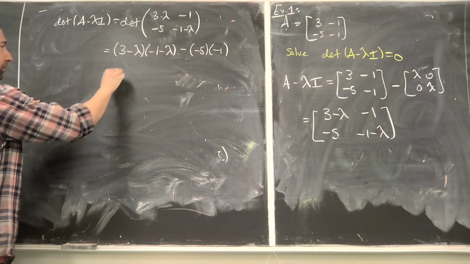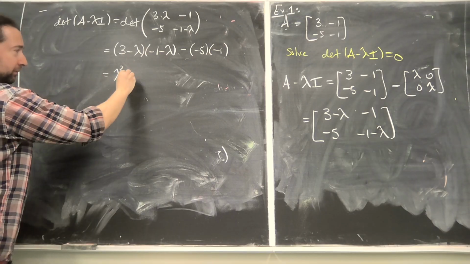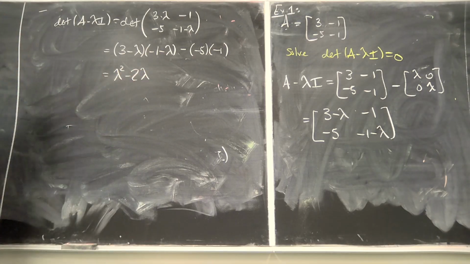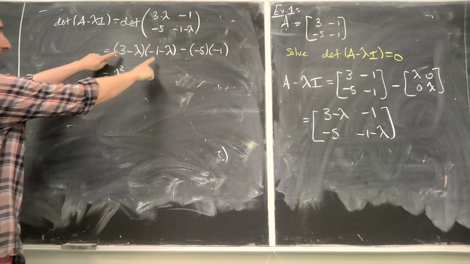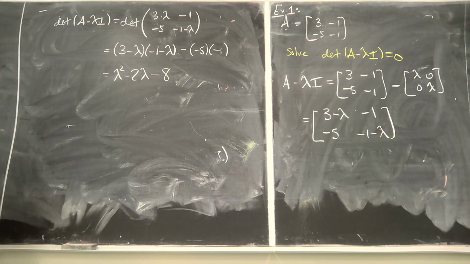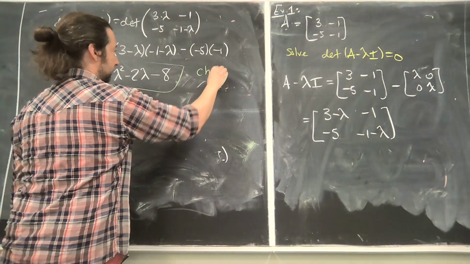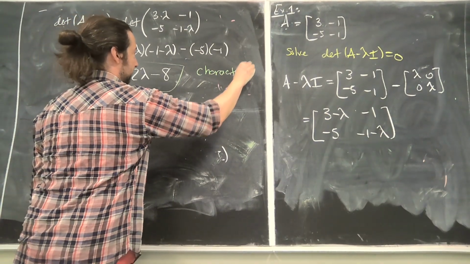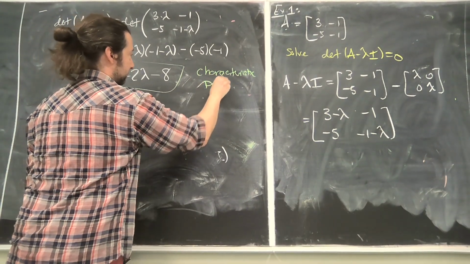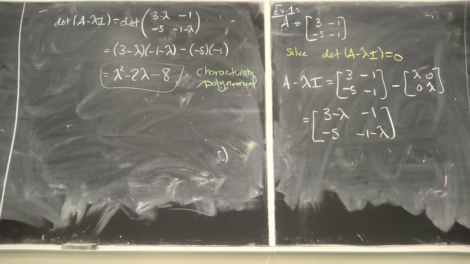You get a lambda squared, and then a lambda and a negative 3 lambda, which is minus 2 lambda. And then there's a negative 3 and a negative 5, which makes a negative 8. And this thing is called the characteristic polynomial. You can think about it as revealing lots of structural information about the matrix.